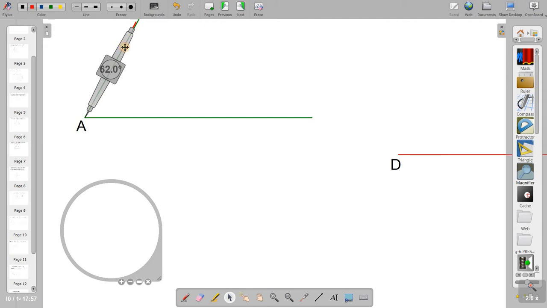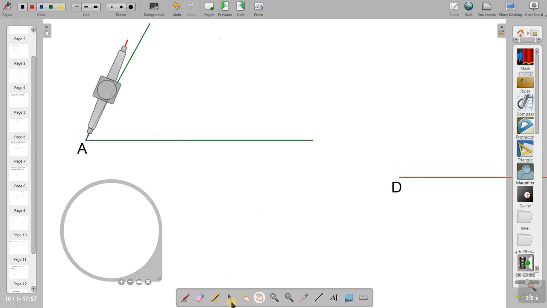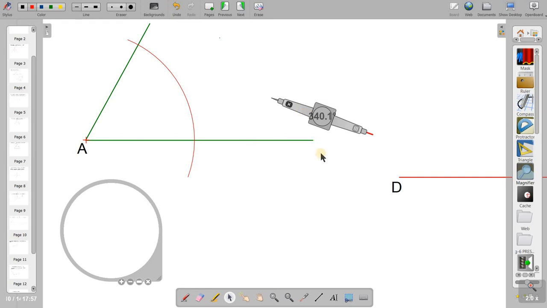At this point I will draw an arc from here. I just have to pull it down a little, I am not able to see the tip of the pen. Now I will make an arc like this. With the same distance I am going to construct an arc at D too.